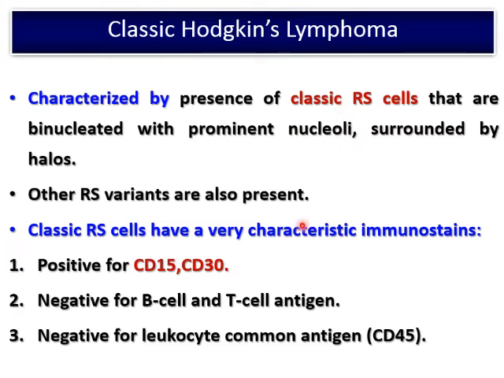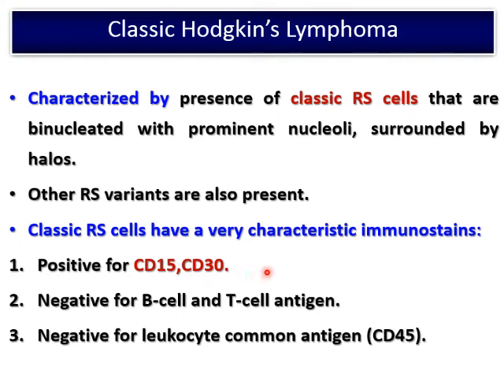Classic RS is negative for B cell markers like CD19 and CD20, and negative for T cell markers like CD3 or CD5. It is also negative for leukocyte common antigen CD45, which is characteristic of normal lymphocytes. So classic RS has a characteristic immune stain: positivity only for CD15 or CD30.